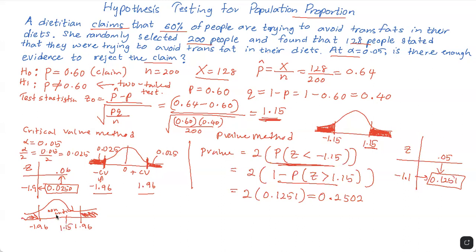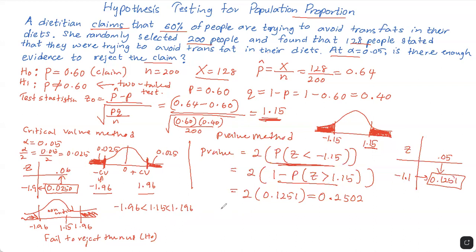It falls in the non-critical region. So we fail to reject the null, because your test statistic value is between negative 1.96 and positive 1.96. So it falls in the non-critical region. So we fail to reject the null.